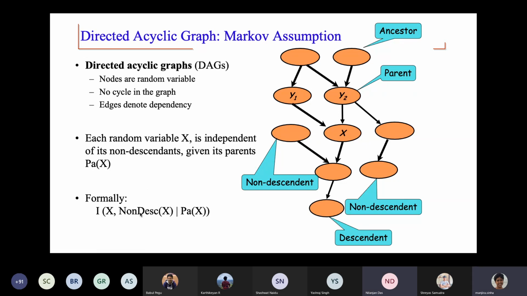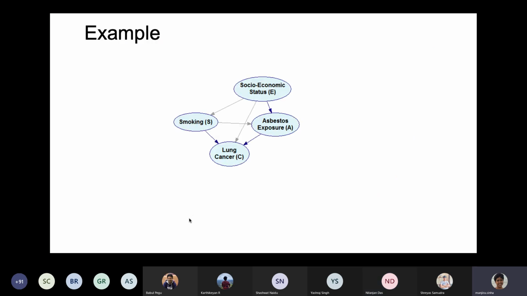More formally, we write it like this: x is independent of the non-descendants of x given the parents of x.